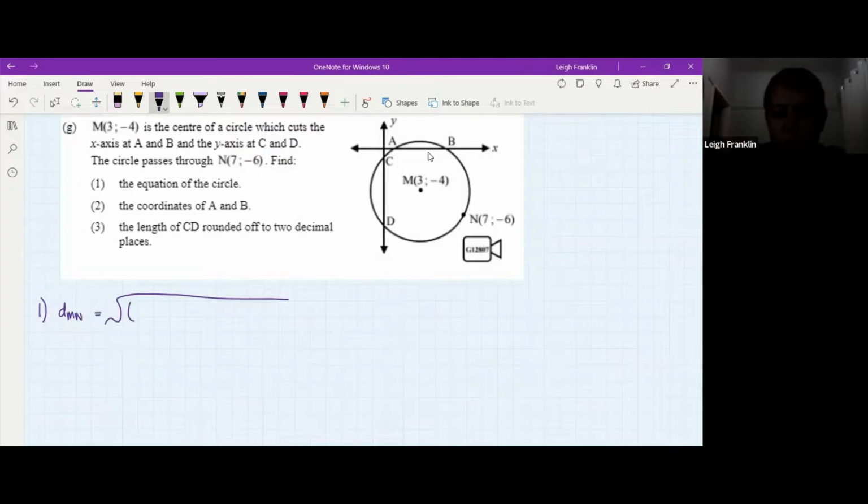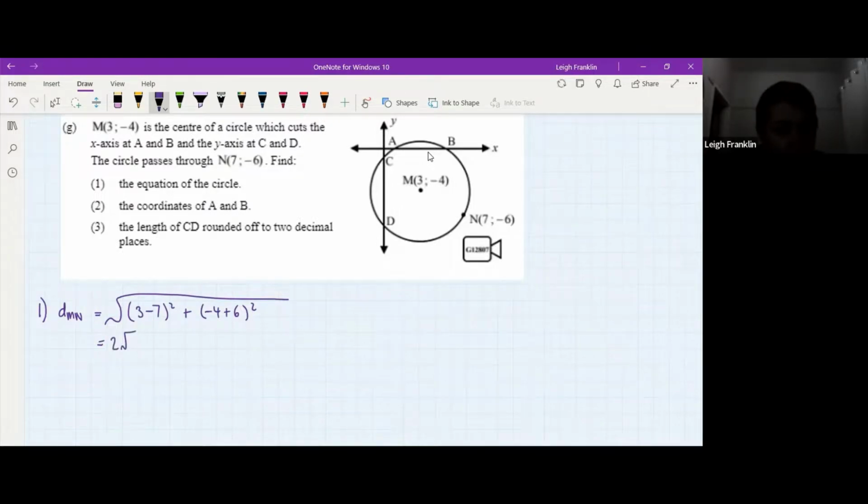This is what we've been practicing this lesson. So the change in the x's squared plus the change in the y's squared, and that gives us a radius. You guys work it out as well. Just double check me that I haven't made a mistake. Are you getting 2√5?